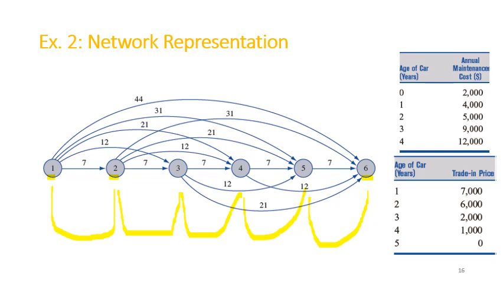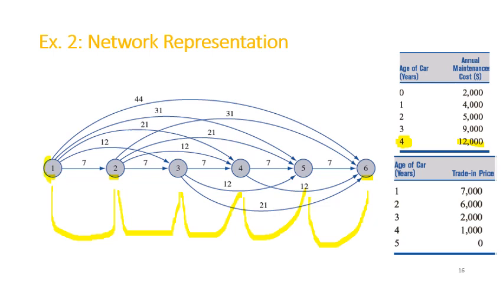You can see from the table here that you can use this car up to 5 years, because if the age of your car at the beginning of a year is 4, and then you can use it for 1 more year, it means that you can use your car for 5 years. Okay, so that's how we know where the arc can go.